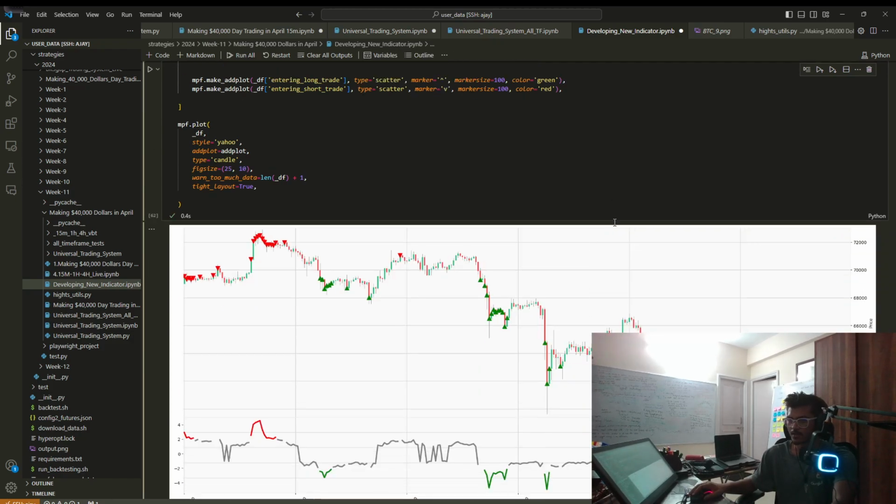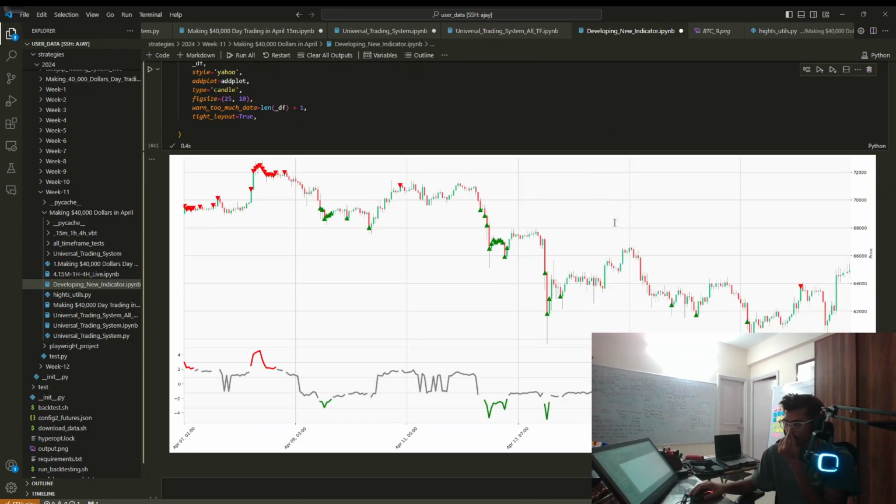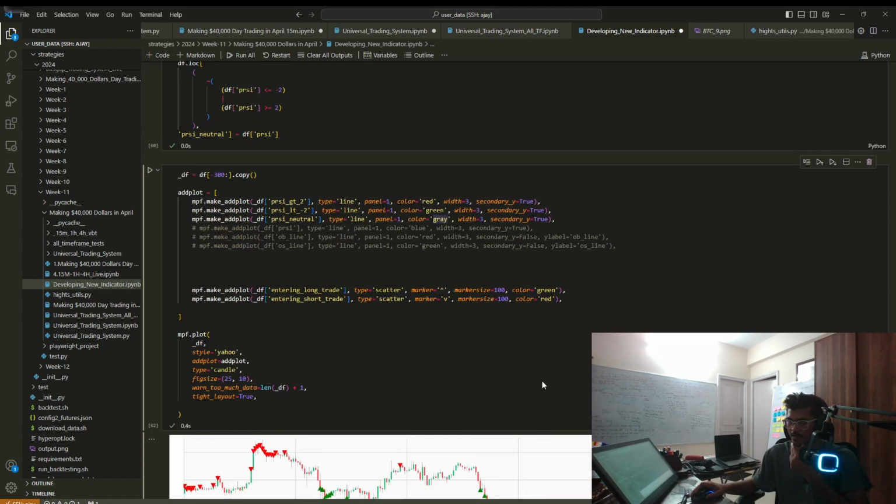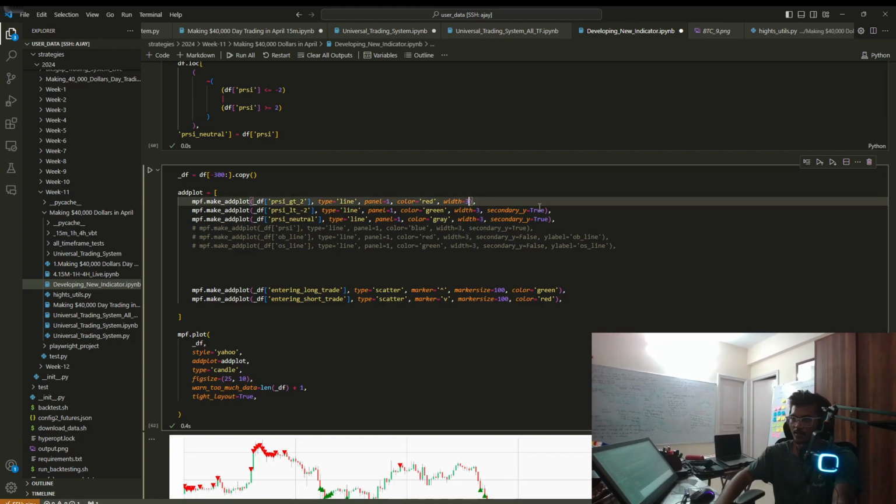And let's see what we got. Check this out, yo. See what I'm talking about? See, we are not here. It's just only this. This is not there. The green line, yeah. If we remove the secondary Y, what will it give us?